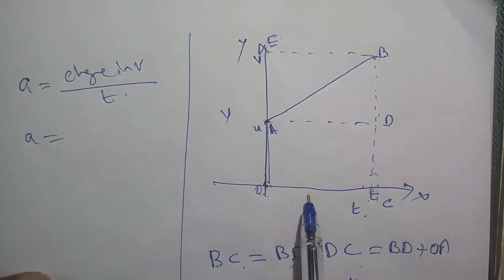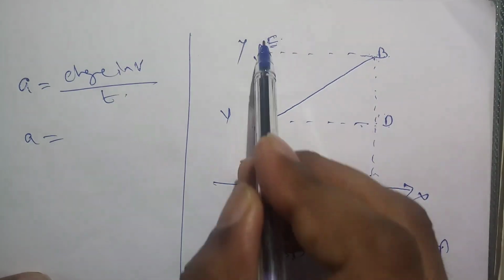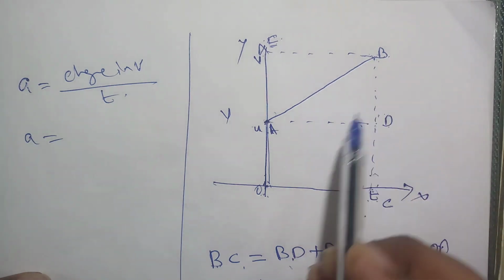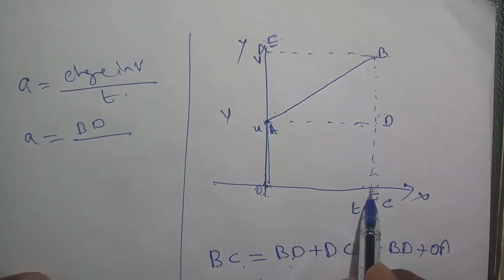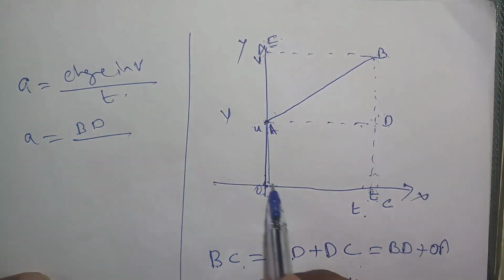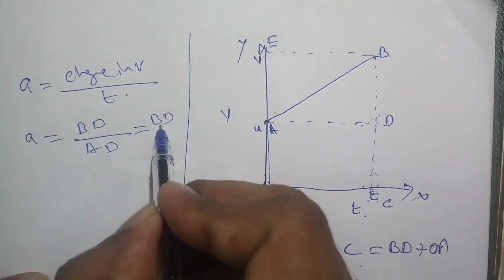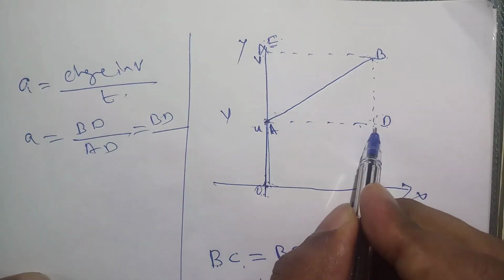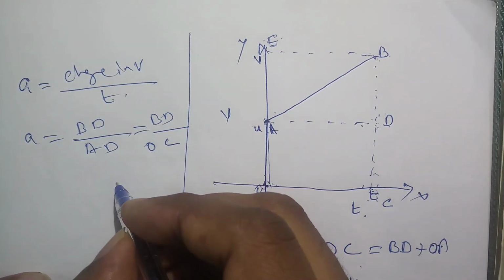This is the initial velocity here, and the final velocity. So this is the change in velocity. So that is BD divided by time, which is this one, AD, this one or this one, both are same. Okay, AD you can write. Or we can write BD by OC, that is this time, and this is same only, by OC.